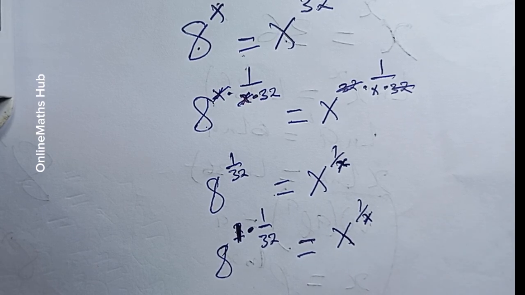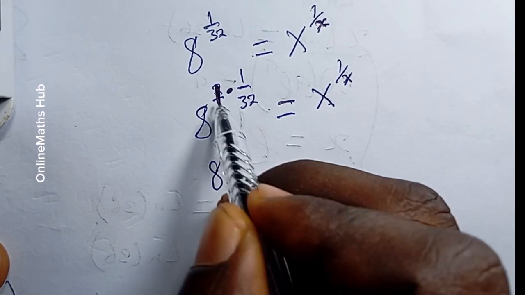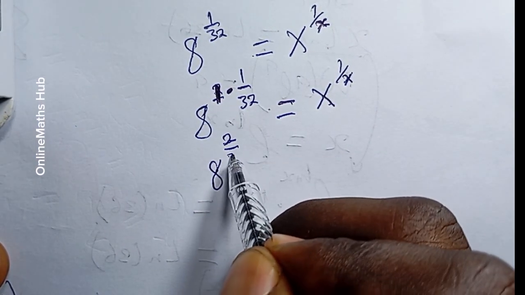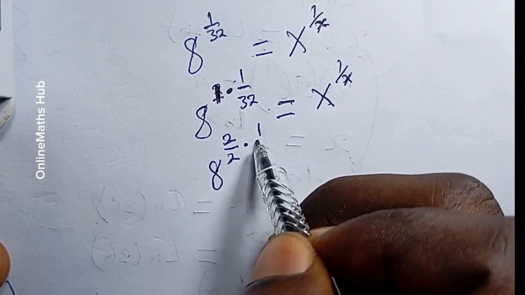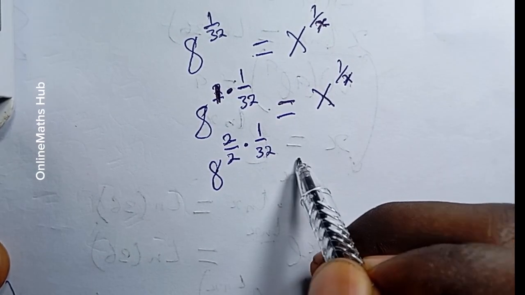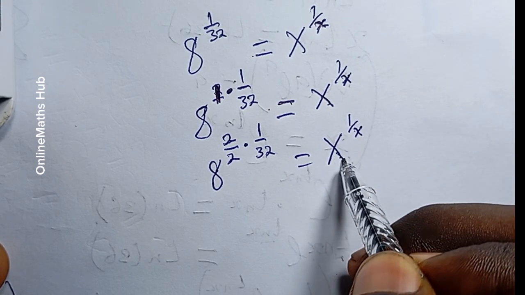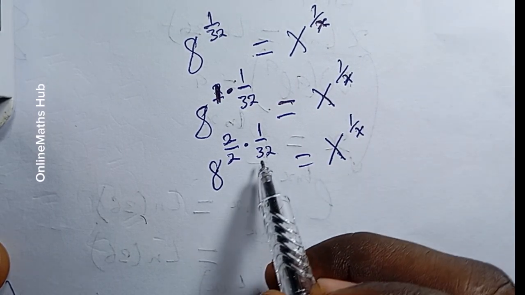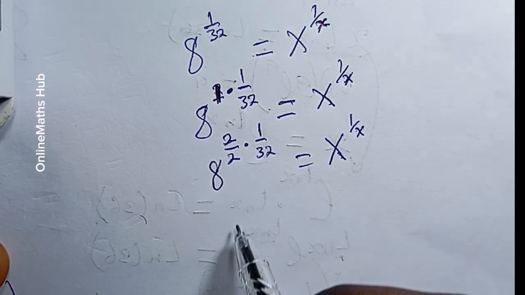Okay, so moving on, this is now 8 power, you can actually write this 1 here as 2 over 2, and of course 2 over 2 is the same as 1, multiplied by 1 over 32, is equal to x power 1 over x. So at this point what I'm going to do is split this stuff I have right here.